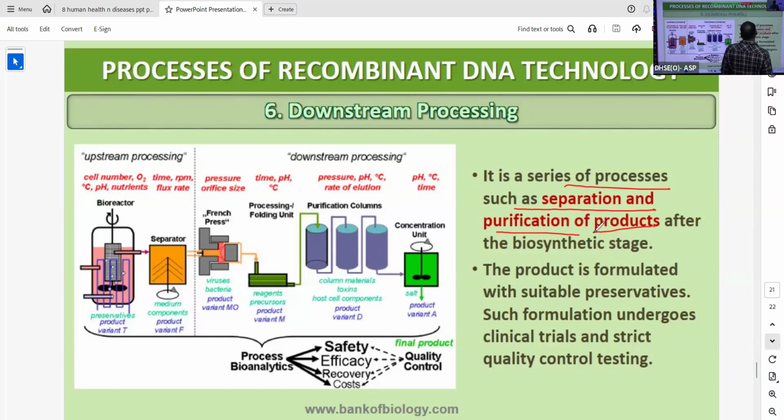The product is formulated with suitable preservatives such that the formulation undergoes clinical trials and strict quality control. So basically multiple steps are used, allowing the bacteria etc. to do their work. Once the work is done, it goes for storage purposes.